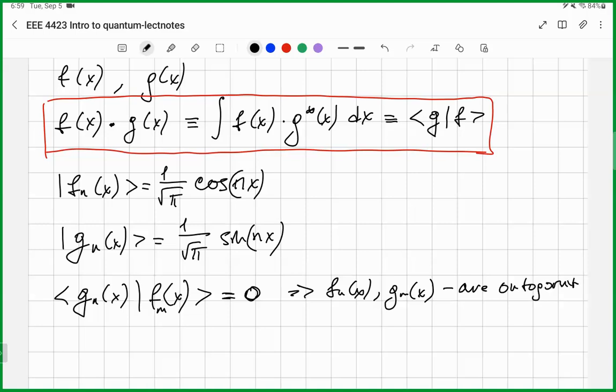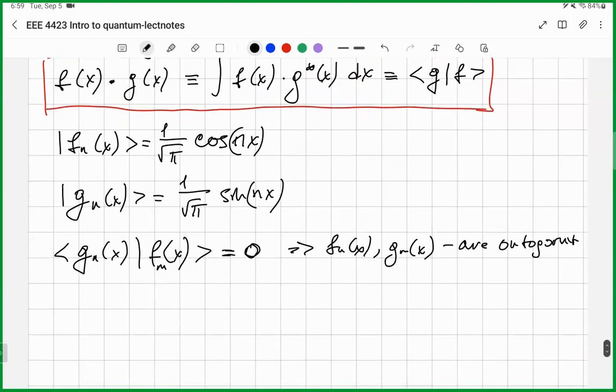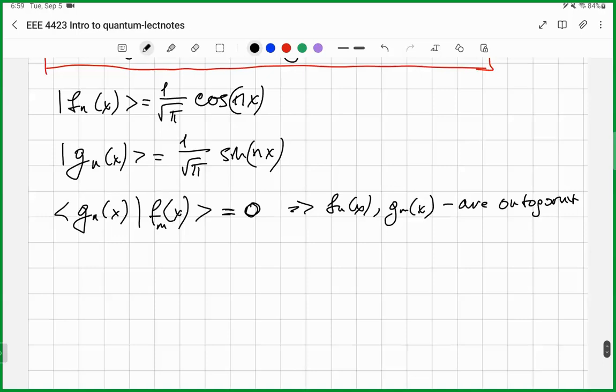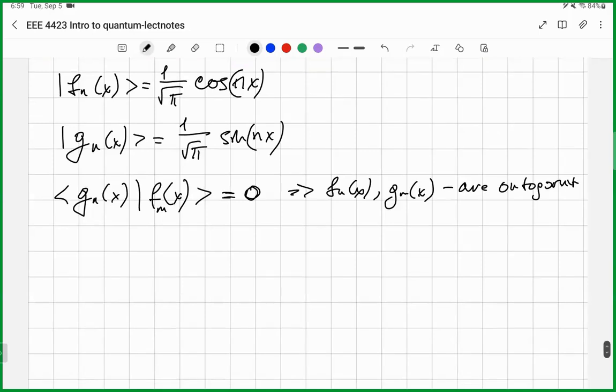And we can use these orthogonal functions to represent other functions in this space. So if we choose to work in this basis of sine and cosine functions, then we can represent any function as a vector in this space, and represent this vector through projections on the corresponding basis vectors, right?